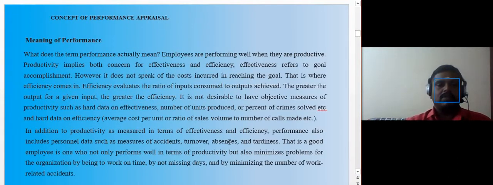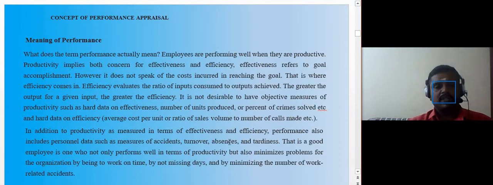The concept of performance appraisal. What does the term performance actually mean? Employees are performing well when they are productive. Productivity implies concern for both effectiveness and efficiency. Effectiveness refers to goal accomplishment in terms of qualitative measurements.